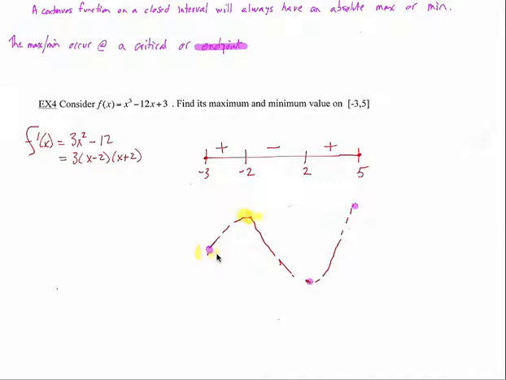there we are. My program is catching up with my words. Sorry about that. So these three places. So what I'm going to do is quickly evaluate my function at -3, at -2, at 2, and 5, and then I'll be able to figure out where the absolute min and absolute max are.